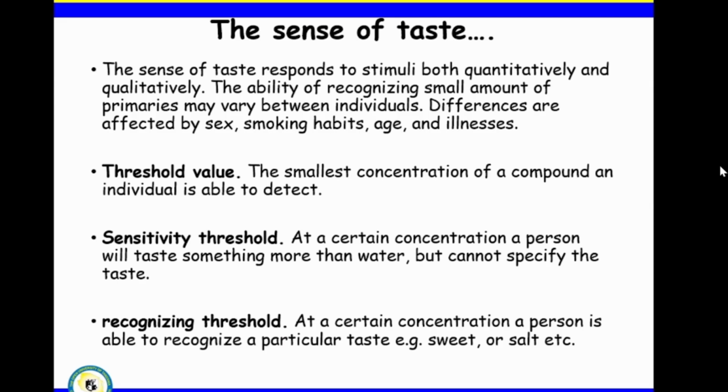There's something in it, but you cannot tell what is in it because the concentration is too small so that you cannot specify the taste. Recognizing threshold: at a certain concentration, a person is able to recognize a particular taste, for example, sweet or salty, etc.